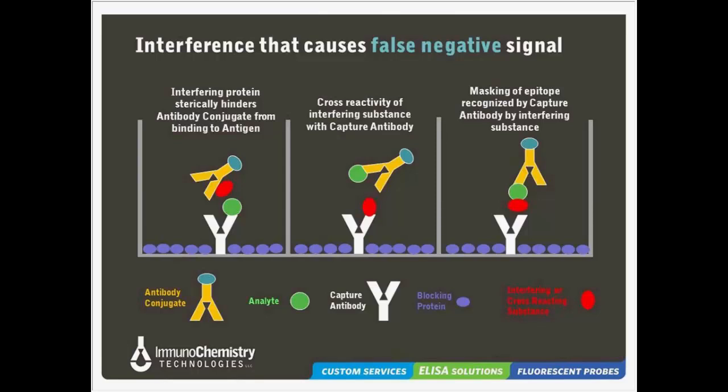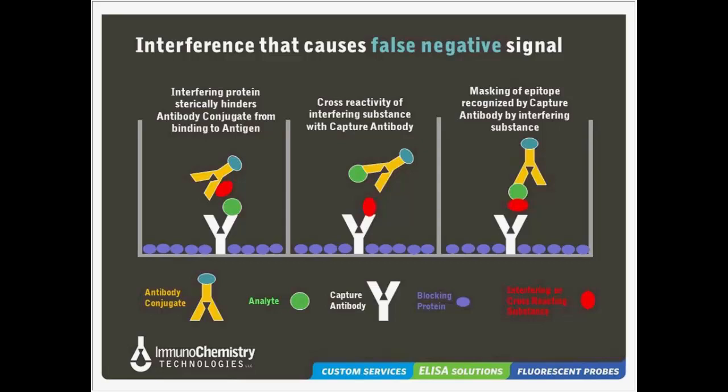In the third case, this is probably a little bit more common than most people would like to realize. For regulatory purposes, a lot of these analytes have what we call soluble receptors, and they're on there for a good reason, and they bind to your target. It could be your cytokine or whatever it happens to be. Now, that's all well and good for regulation, but if you want to run your assay, your capture antibody sitting on the plate is going to have to compete with this already bound soluble receptor.